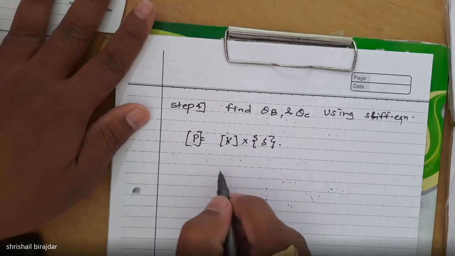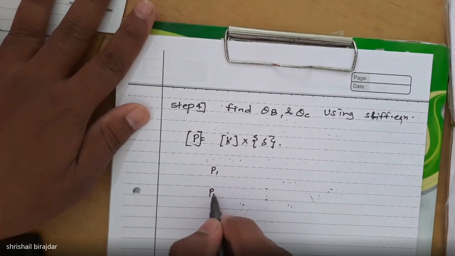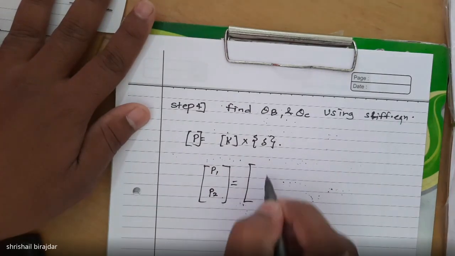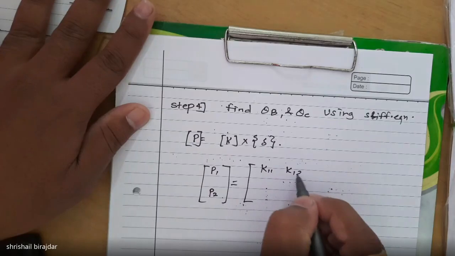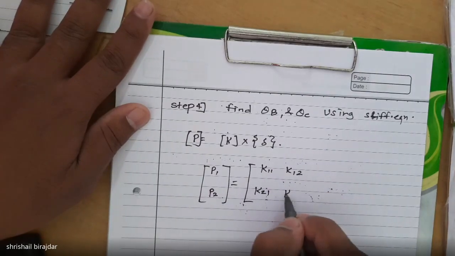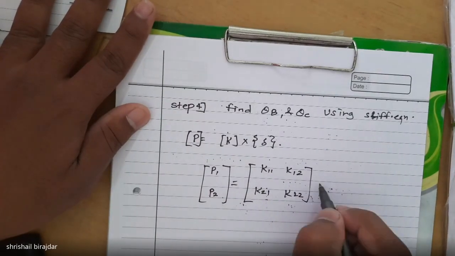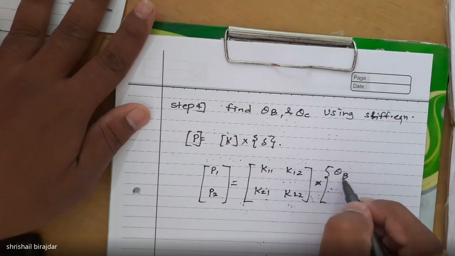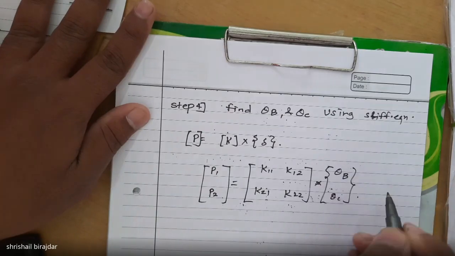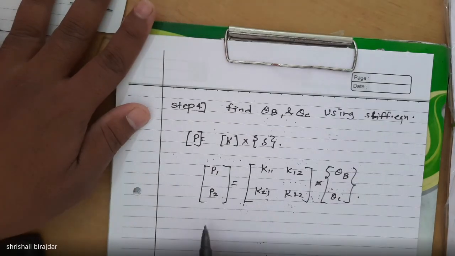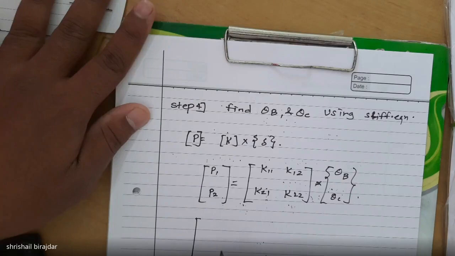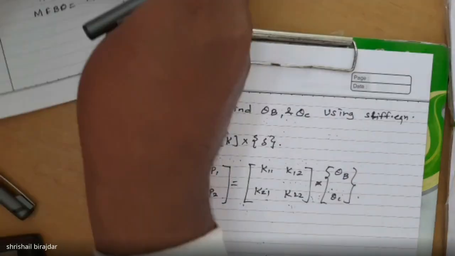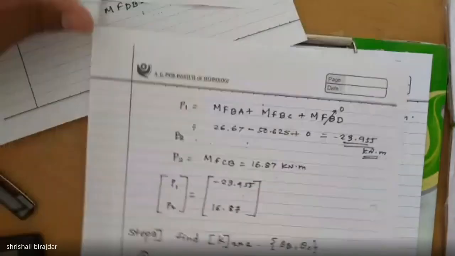Here P1, P2 equals K11, K12, K21, K22 multiplied by theta B, theta C. You just try to tell me P1. Here is the P1, which you are already getting from the fixed end moment.